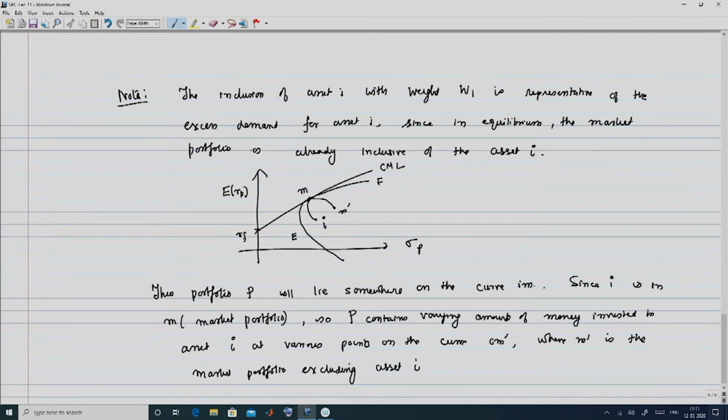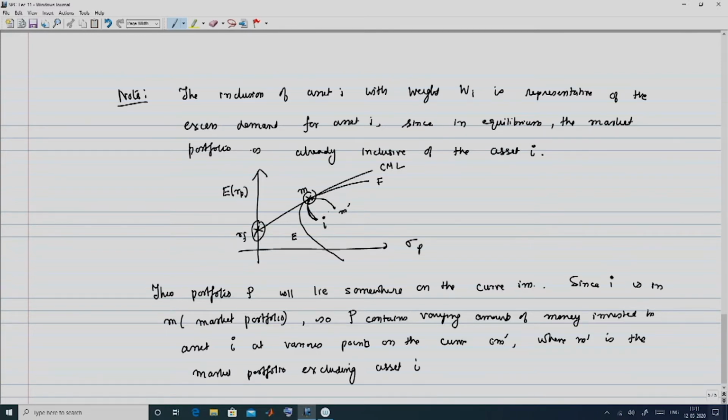See, if you observe carefully at the CML, the line joining R F with M. When you have R F, this basically means that you are invested exclusively in the risk free asset, and M means that you are invested in the market portfolio. So, on this line between R F and M, in an analogous way, when I consider a portfolio P, that portfolio is going to lie on this line. Now, if you are invested in the ith asset, then you are here.